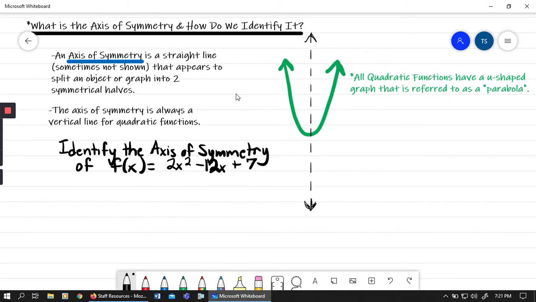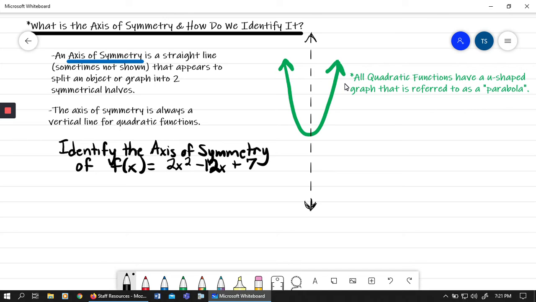So let's say that we were asked to identify the axis of symmetry of this function here, f of x equals 2x squared minus 12x plus 7. First off, guys, please realize that if we're asked to identify an axis of symmetry for a quadratic, automatically we're talking about a vertical line.